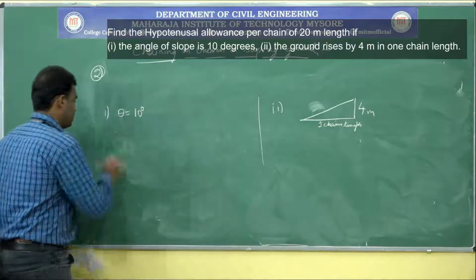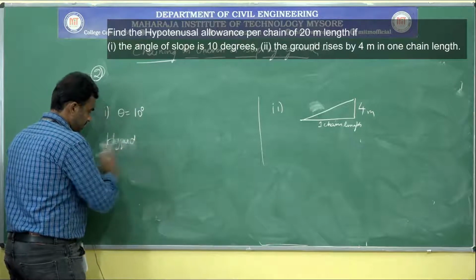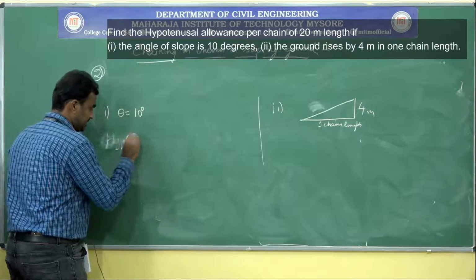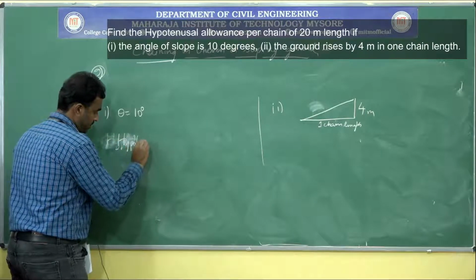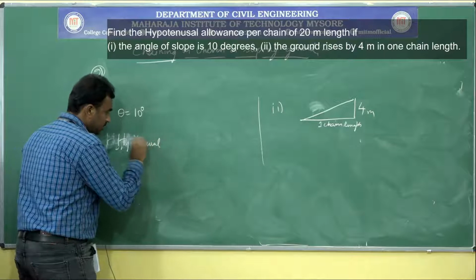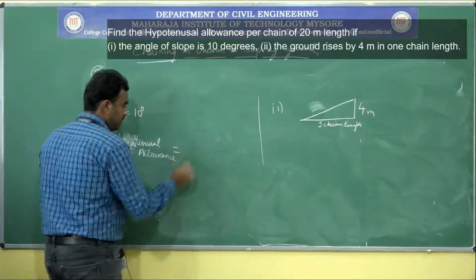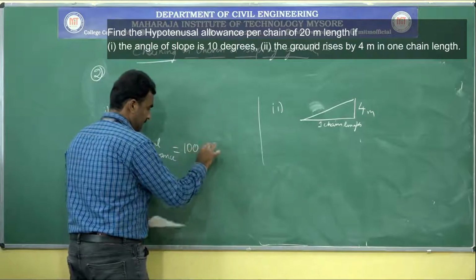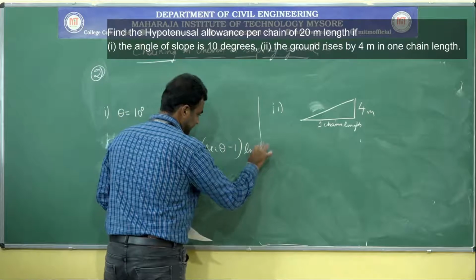If theta is given, hypotenusal allowance will be equal to 100 into secant theta minus 1 links, isn't it?